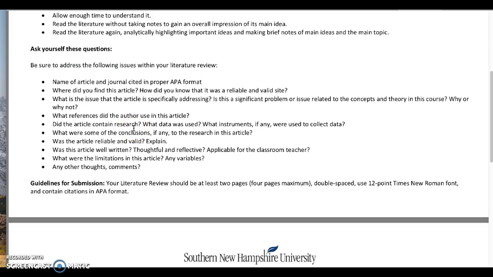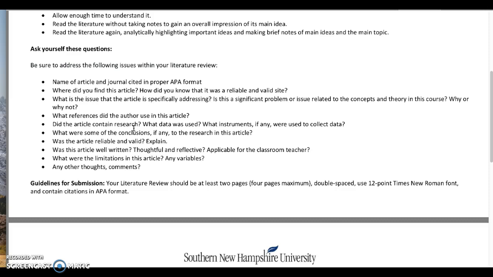research, empirical data. If you're doing an article or a topic on how does geography affect development, does your location matter when it comes to adolescent development, you want to find articles that actually have done studies on that. You don't want to find an article that just talks about it.